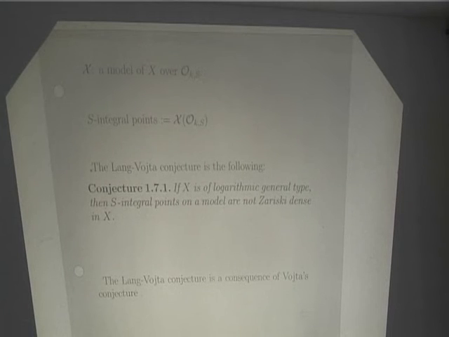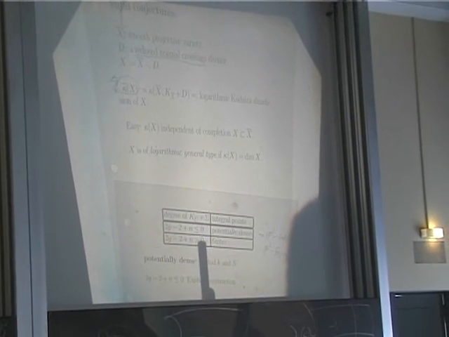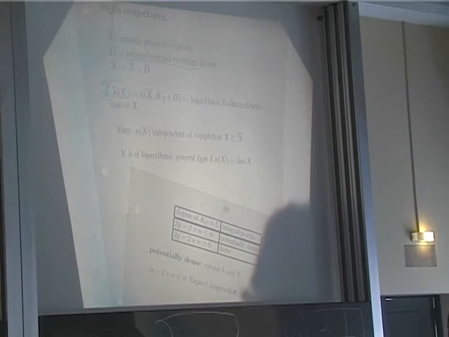not Zariski dense. This is in direct analogy with a table I had for you at the end of the first lecture, lecture 0. This is the table I had for curves, which said that if a curve is of logarithmic general type, there are only finitely many points.